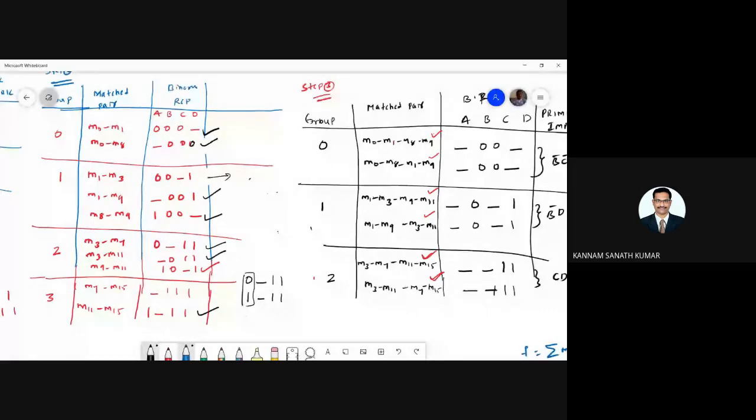So that means what is my prime implicant? So this is A bar B bar. Doing this tabular method, this one is the essential prime implicant that you should write.